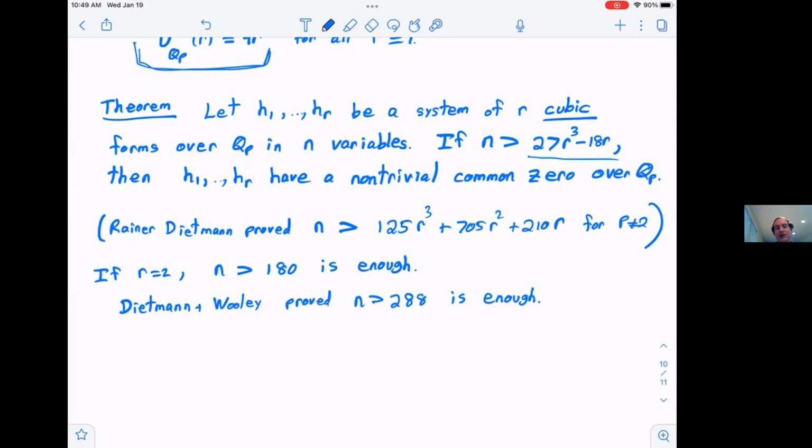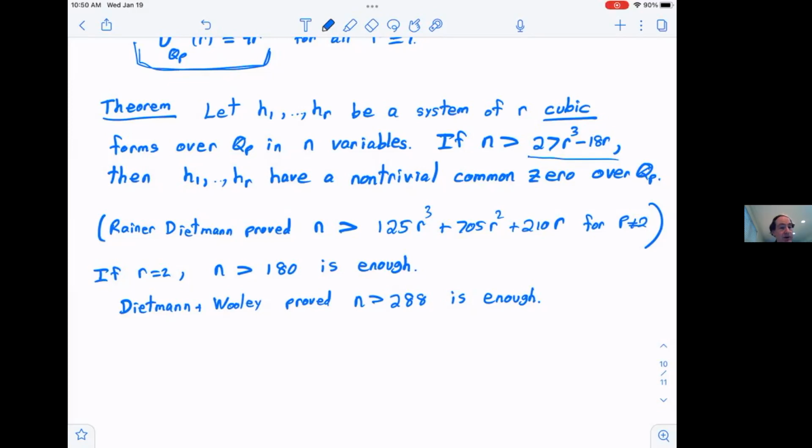So the idea is to use information about systems of quadratic forms and the one piece of information that one cubic form in 10 variables over a p-adic field has a non-trivial zero. Can we do this in an inductive method?